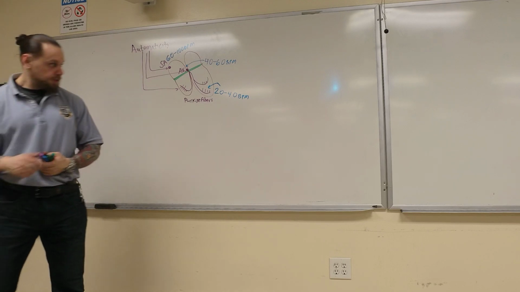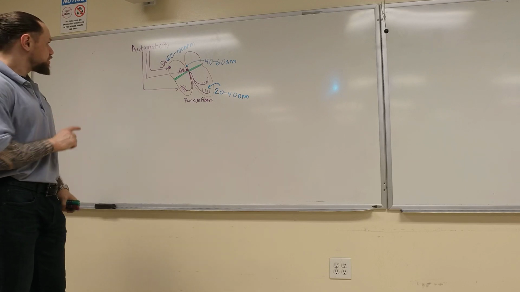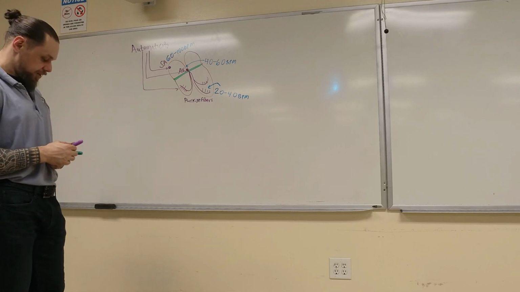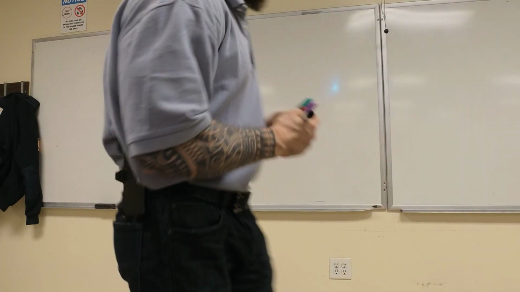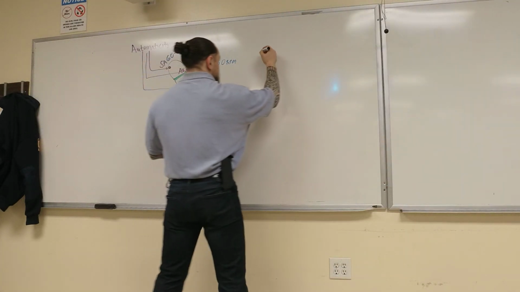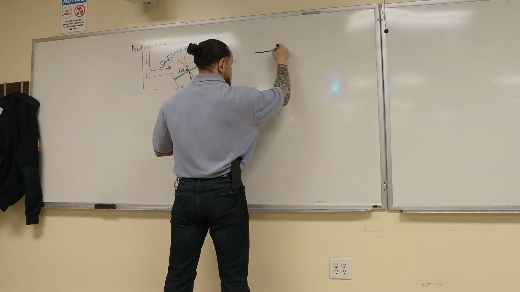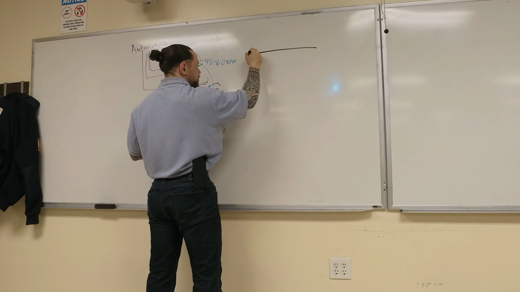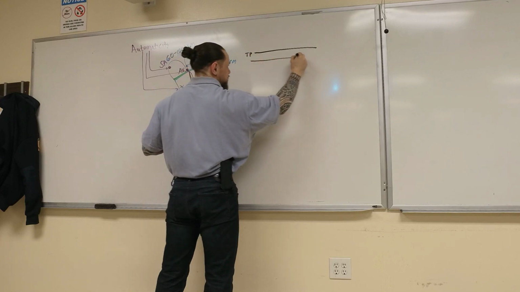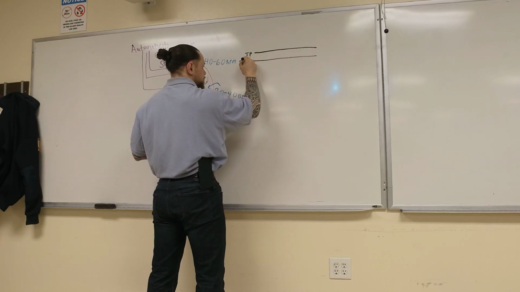All right, now I'm going to draw the action potential, first starting with the SA node. I'm going to take this marker here. For the SA node, this first line is going to be the threshold potential, and this line here is the resting membrane potential.